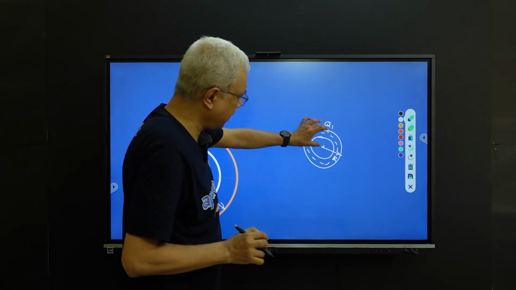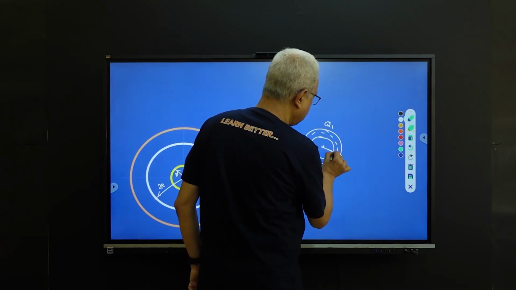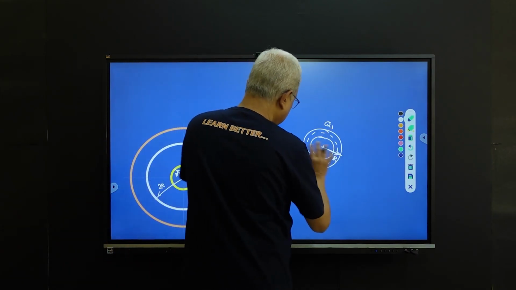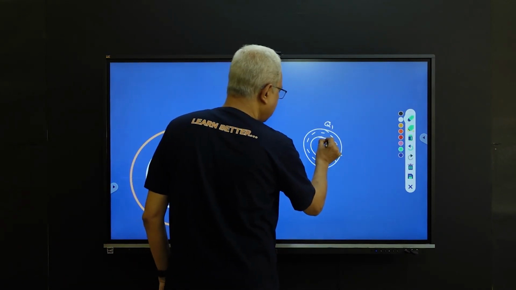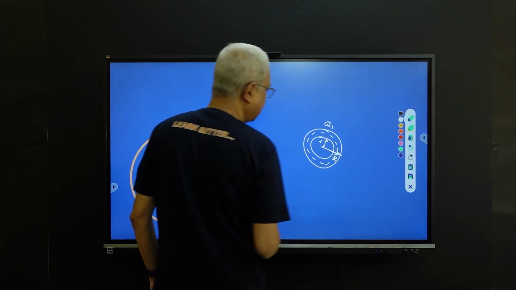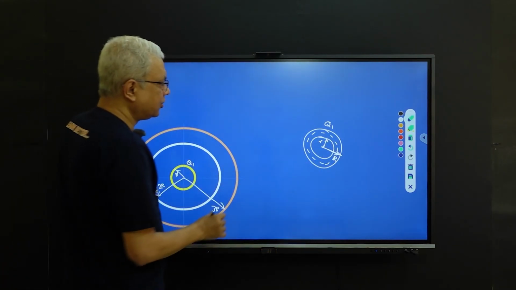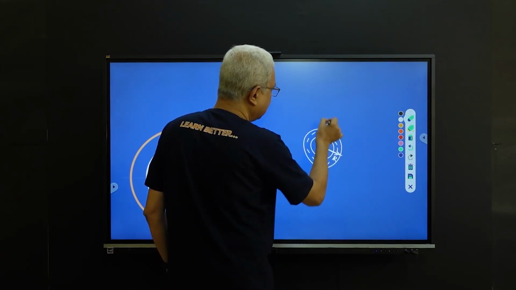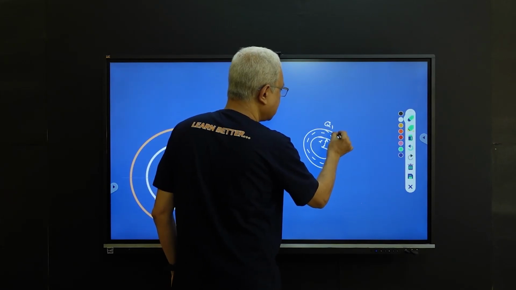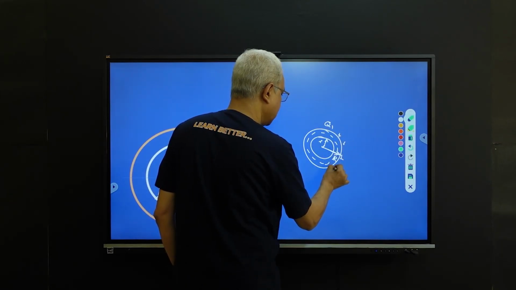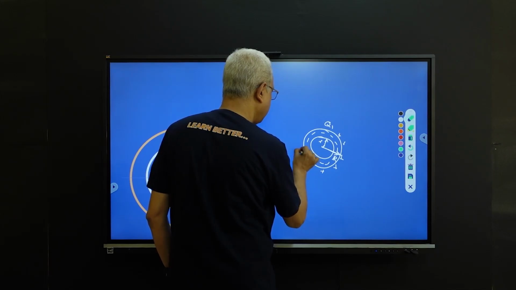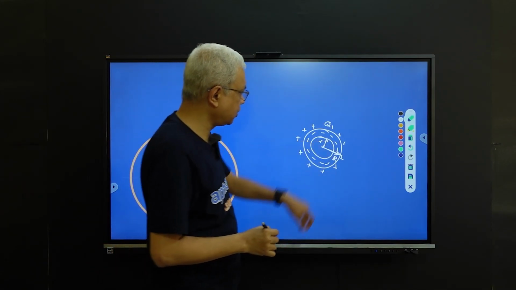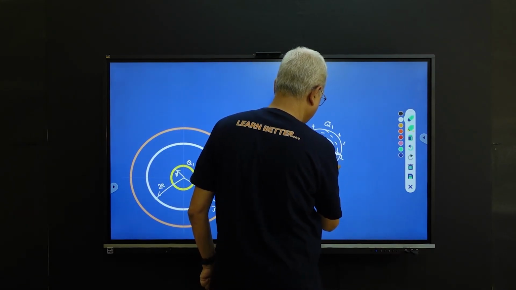This is a hollow spherical shell; say small r is the radius of the inner sphere. When I give the charge q1 to this sphere, the entire charge resides on the outer surface only, and there will be no charge on the inner surface.